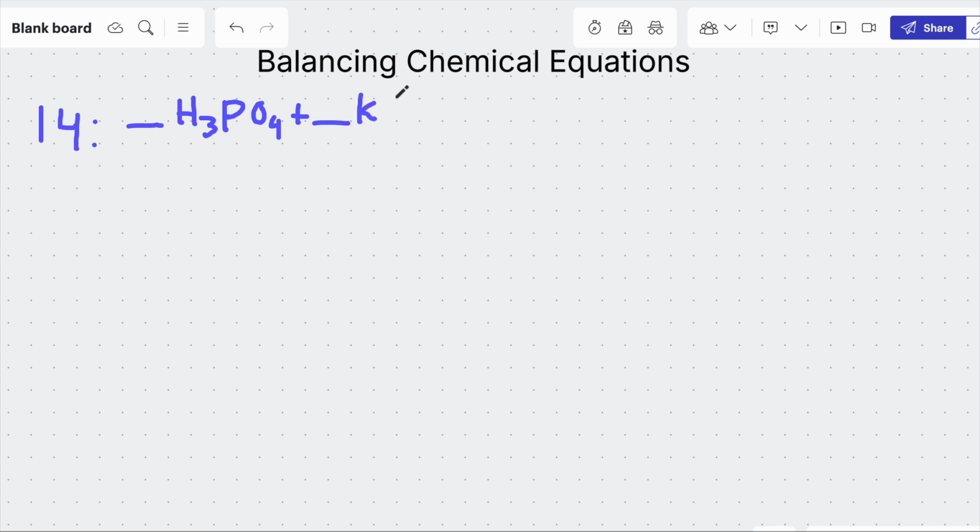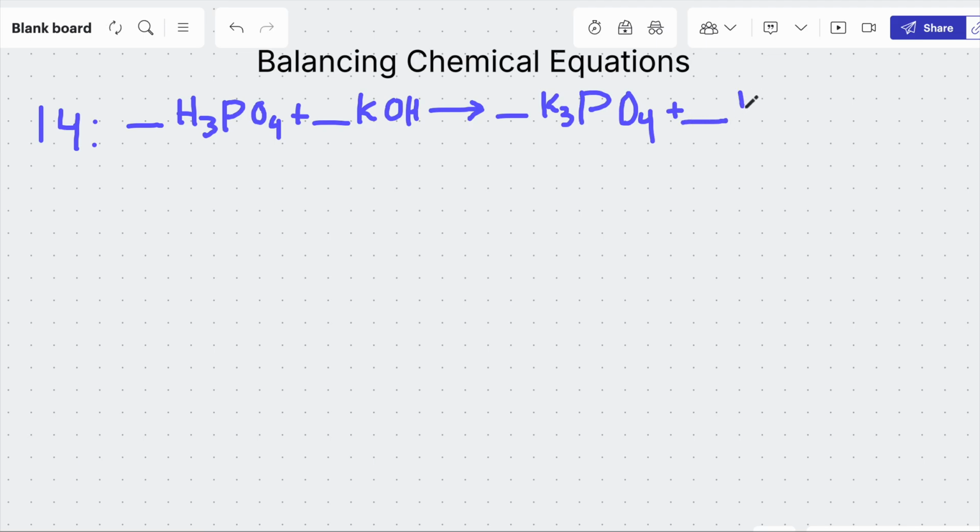KOH, potassium hydroxide, makes blank K3PO4, right? Yeah. PO4. I was just making sure I got my numbers right. I don't want to make another super long mistake again.